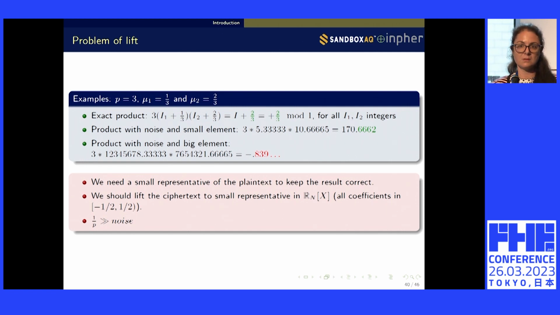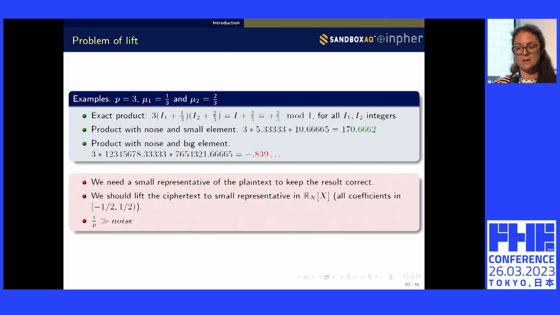But in fully homomorphic encryption, we never work with the exact plaintext. We always add a noise, and with the noise, if we take a small representative, that means a small lift on the real numbers, we keep this property, and we still obtain a result that is really close to our multiplication.